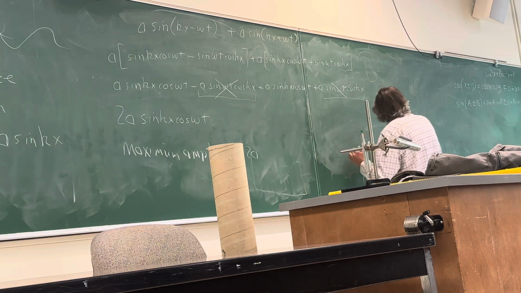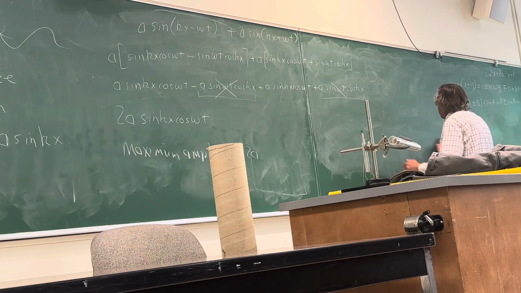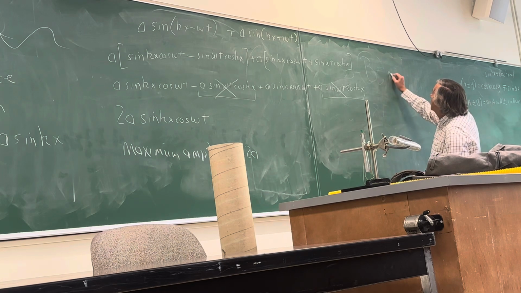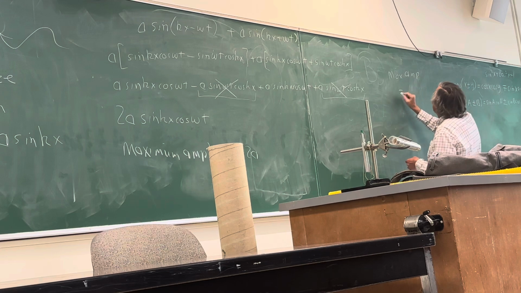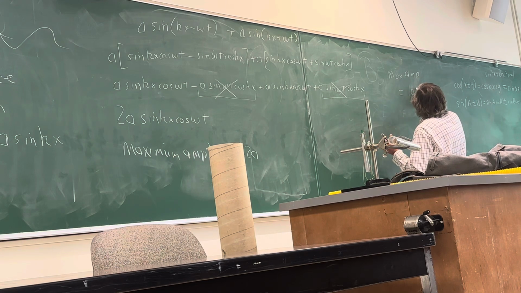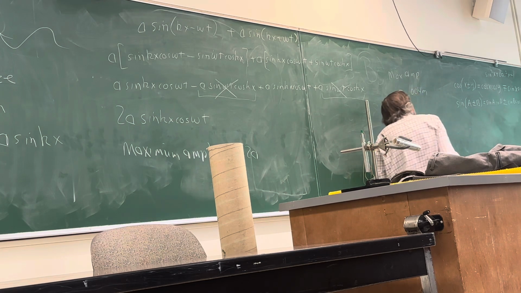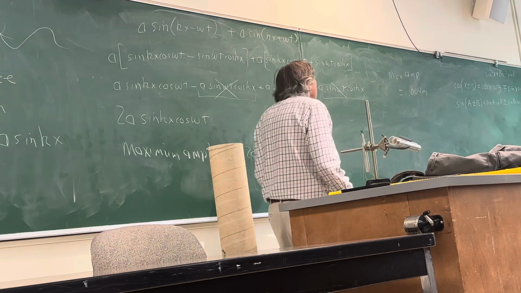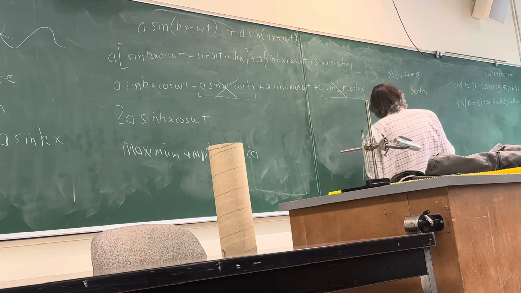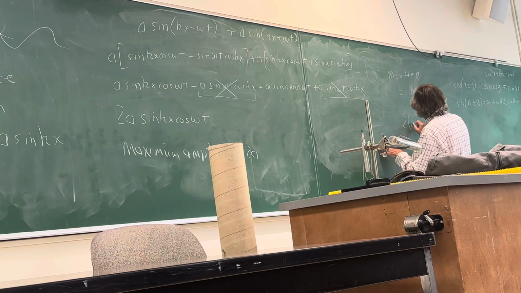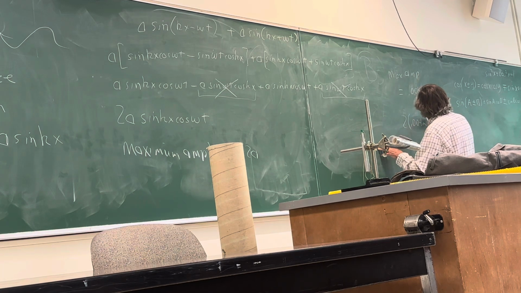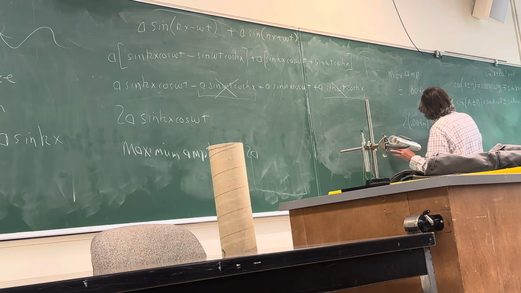Now just to show you, this is just so people don't screw up on the homework. They'll give you a problem, and they'll say, look, the maximum amplitude is going to be, say, 0.004 meters. And then people look at the amplitude function and say, oh, okay, my amplitude function says 2 times A, so my amplitude function is 2 times 0.004 meters times the sine of k times x.